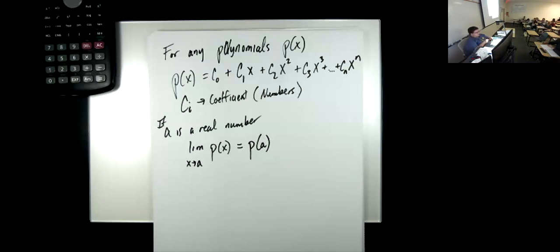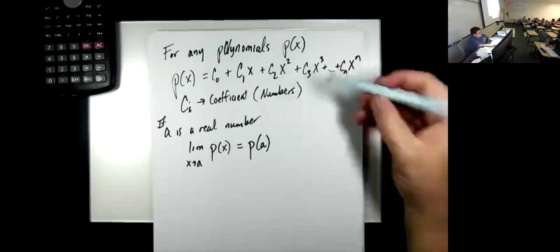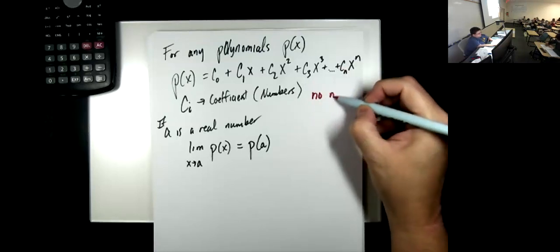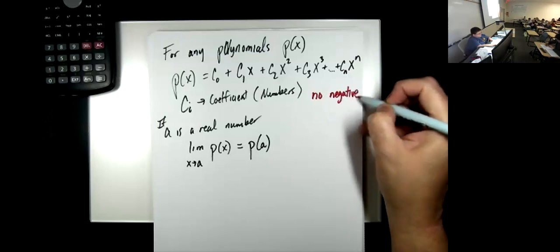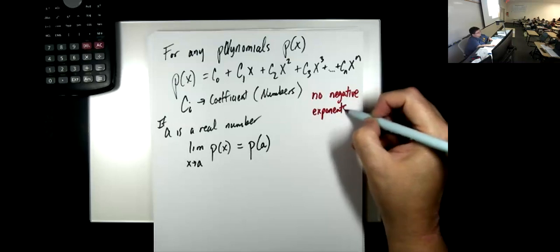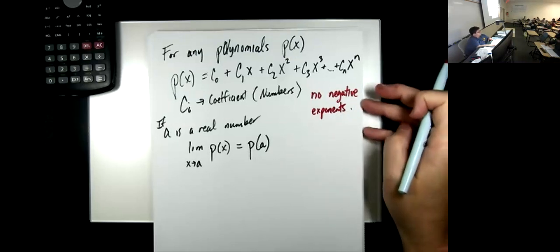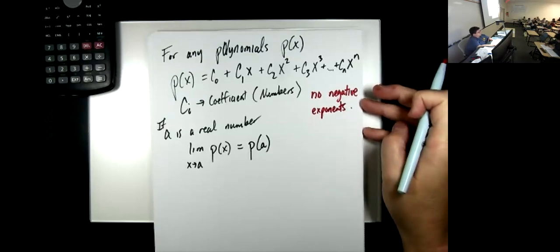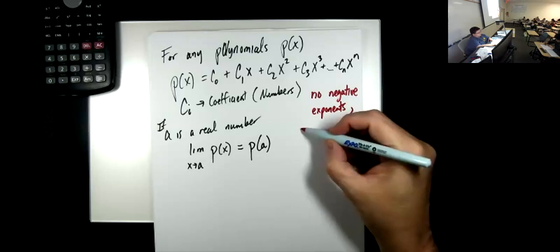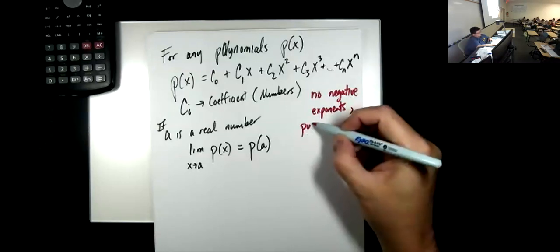The real way to identify a polynomial is there are no negative exponents. They're all just positive integers.